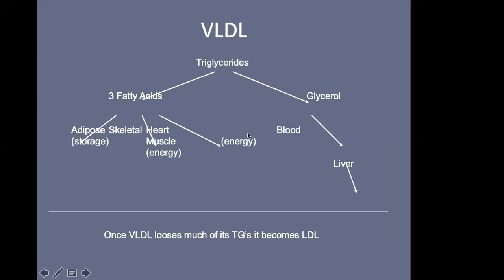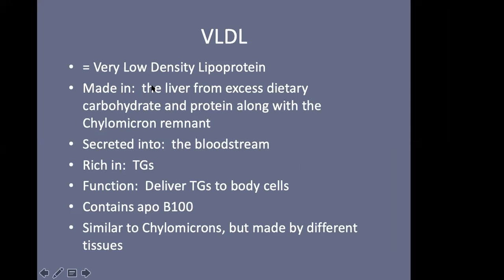Now we will discuss VLDL again. It is called very low density lipoprotein. It forms in the liver and helps in transport of excess dietary carbohydrate and protein from the liver to various tissues.